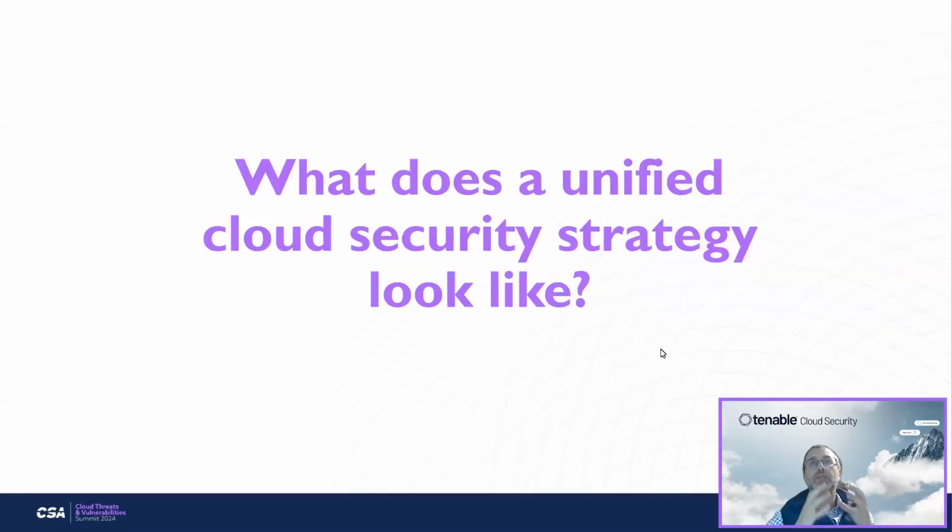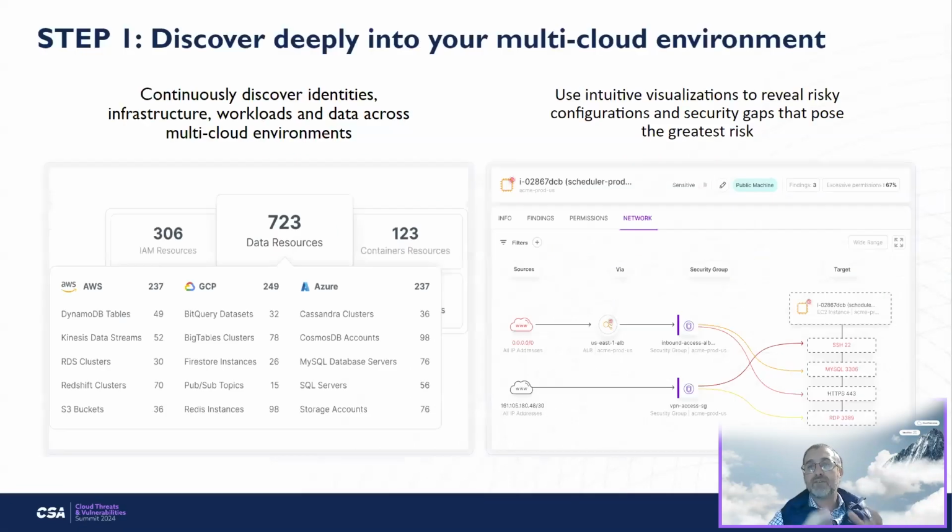So let's talk about what a unified cloud security strategy looks like. You obviously have to start from the basics. You have to discover and look deeply into your multi-cloud environments.